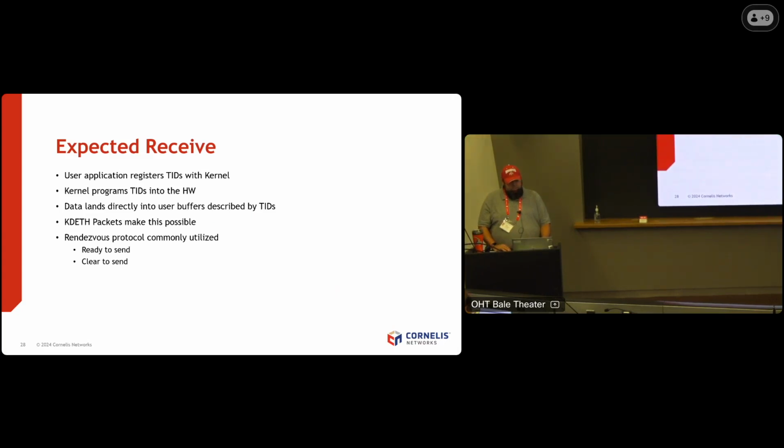There are KDETH headers, and they have information in them that describe TID regions, and those regions are where data is going to be placed. So right now in our libraries, we use a common rendezvous protocol, the ready to send, clear to send, and that's how you actually get data to land directly without having to copy things in and out.